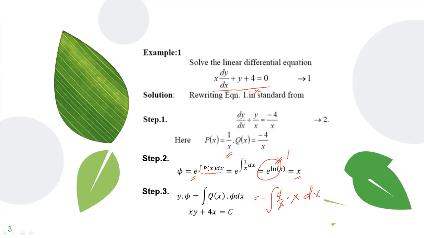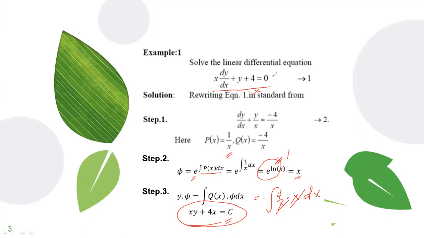In the process, you eliminate the x, leaving you with a negative 4, which when integrated would give you negative 4x. If you transfer it on the left side, it becomes plus 4x. And don't forget the arbitrary constant c that should be written on the right side of your linear DE. So this one now is the solution of this linear DE that was provided to you.